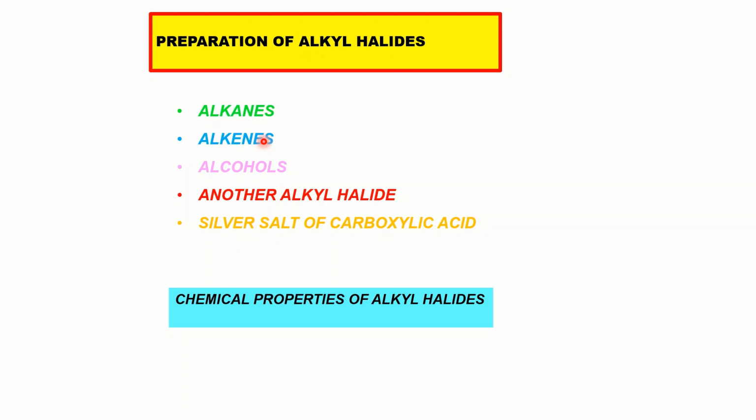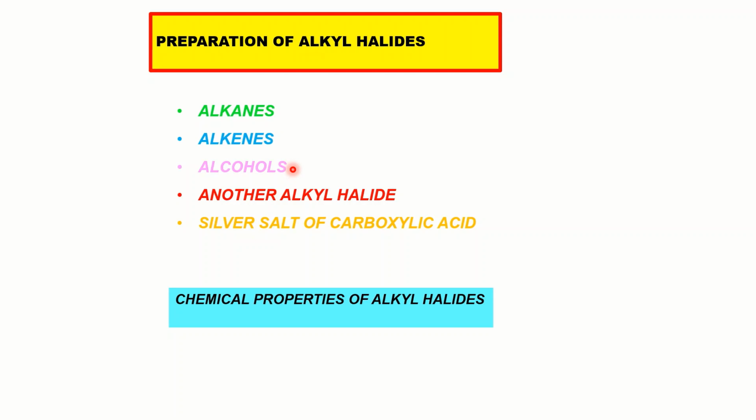In this section, we have learned both Markovnikov's addition and anti-Markovnikov's addition. The third method is the preparation of alkyl halides from alcohols. We have prepared alkyl halides from alcohols by treating the alcohol with halogen acids in the presence of a dehydrating agent.